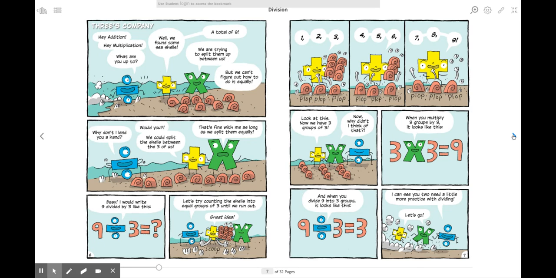Now we have 3 groups of 3. Now, why didn't I think of that? When you multiply 3 groups by 3, it looks like this. And when you divide 9 into 3 groups, it looks like this. I can see you two need a little more practice with dividing. Let's go.